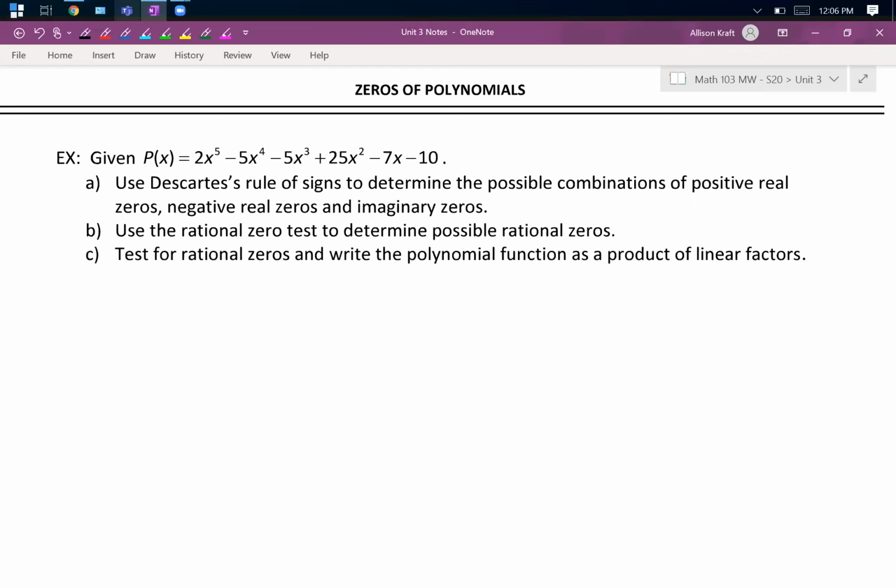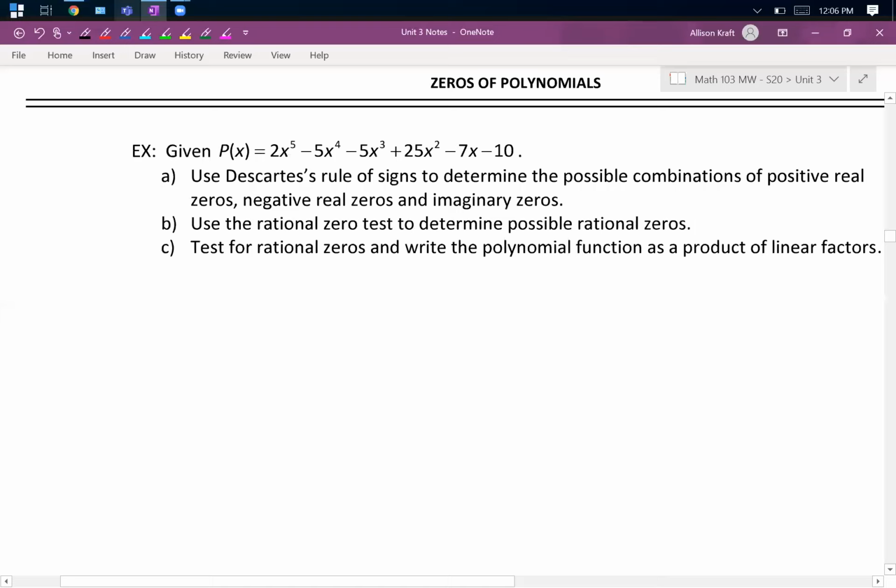Then we're going to use our rational zero test to determine our possible rational zeros. And then in part C, we're going to test those possible rational zeros and rewrite our polynomial function as a product of linear factors. And our n zeros theorem tells us that we're going to end up with 5 linear factors here because we are degree 5. So we'll start with our chart.